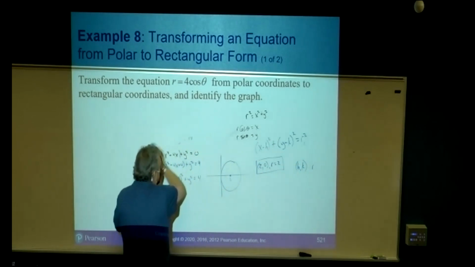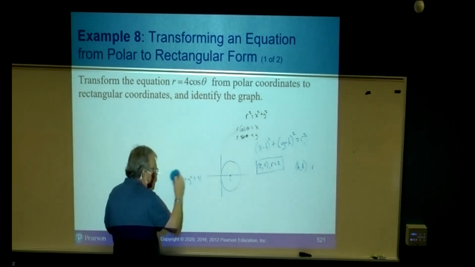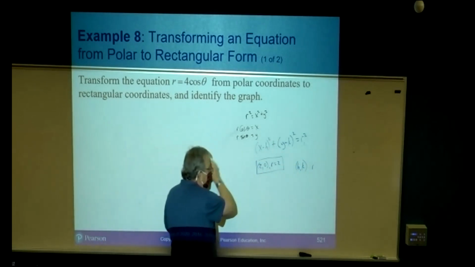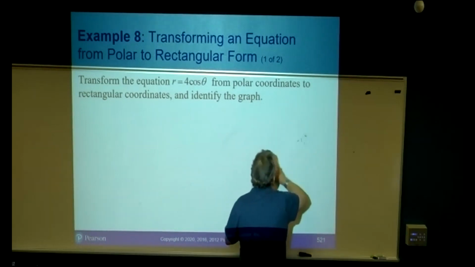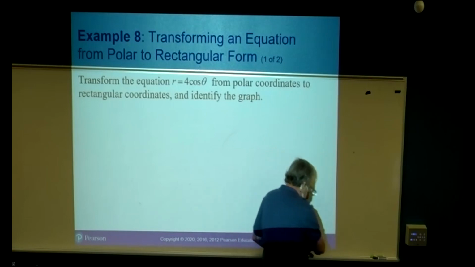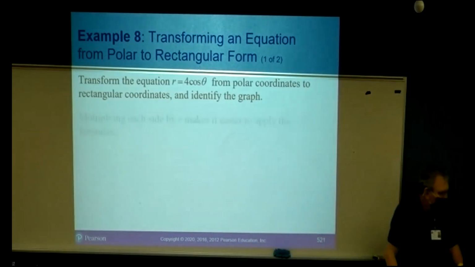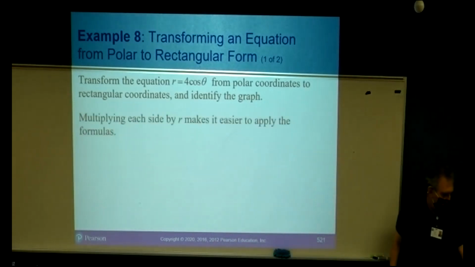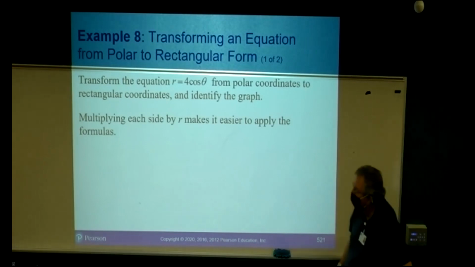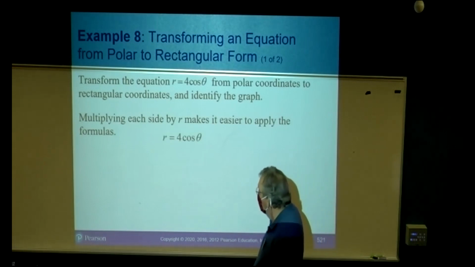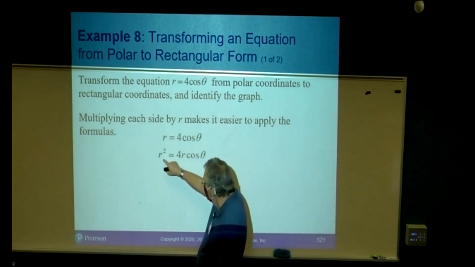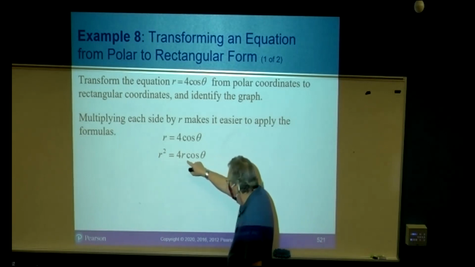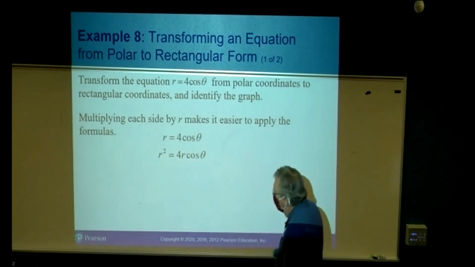So now we're going to go through and watch how they do it the same way. I don't know if they're going to show the graph or not. So multiplying both sides by r makes it easier to apply the formulas. We know that r squared is x squared plus y squared, and r cosine theta is x.